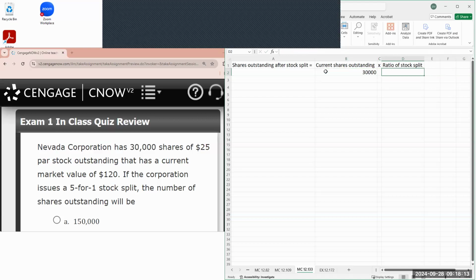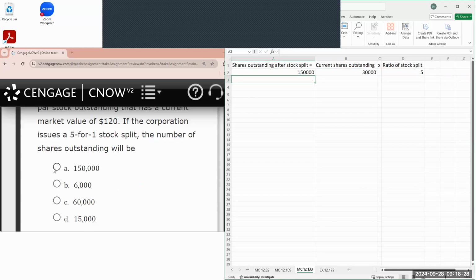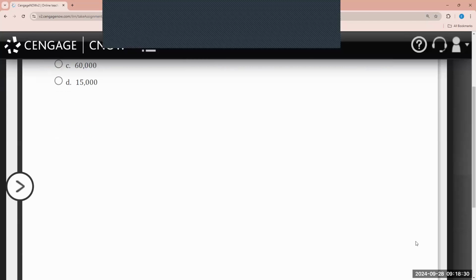And the ratio of the stock split is 5. So therefore, the shares outstanding after the stock split is 30,000 multiplied by 5. The total shares outstanding would be 150,000.